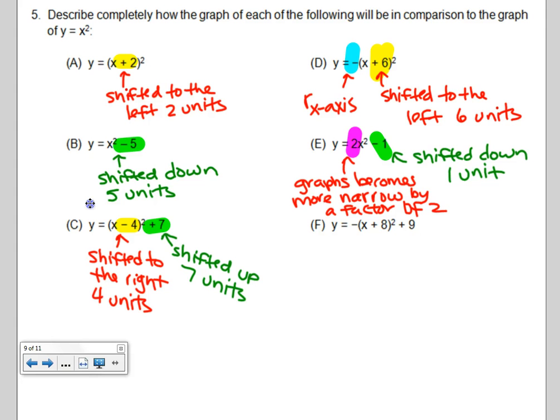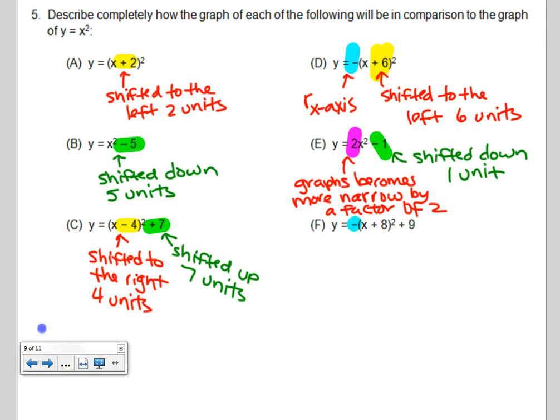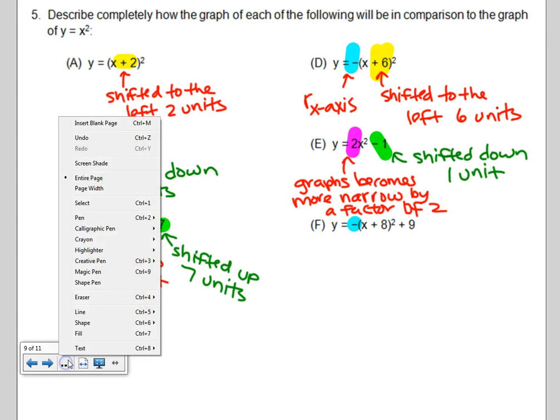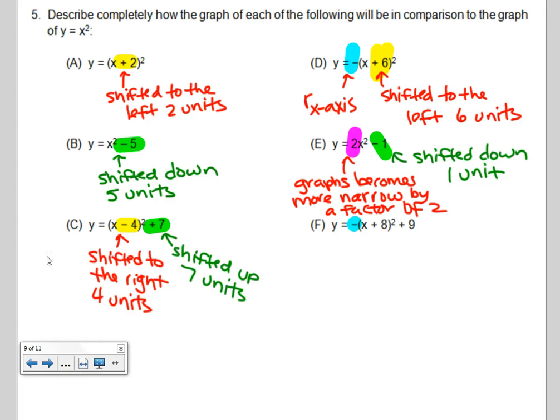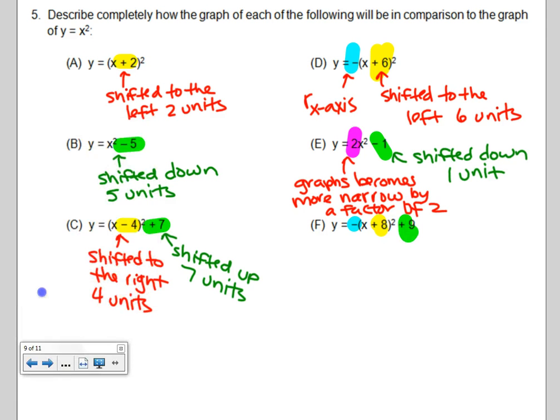And the last one, there are 3 changes. There was the negative here on the outside. There is the +8 on the inside. And then there is a +9 on the outside. So that means it got reflected in the x-axis, so now it's opening down.